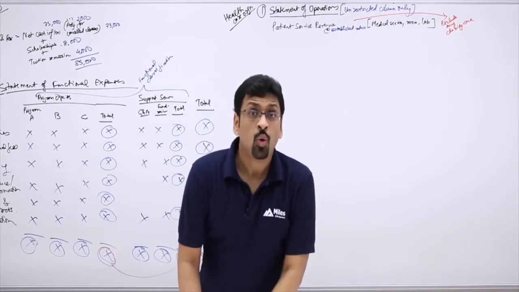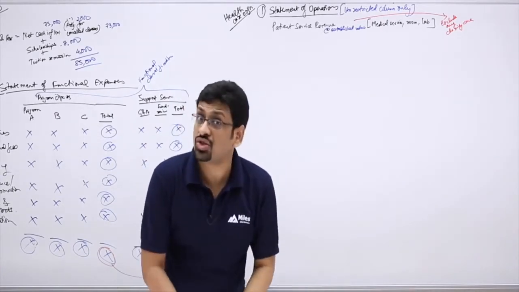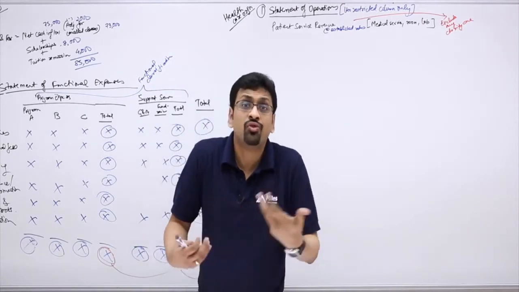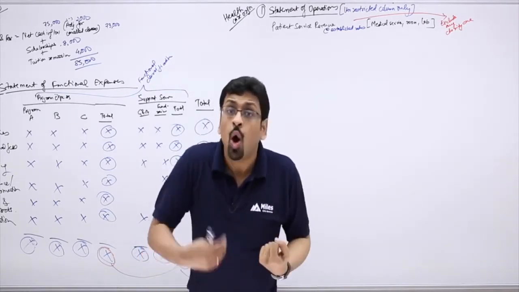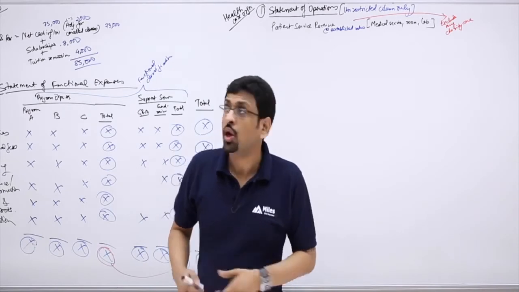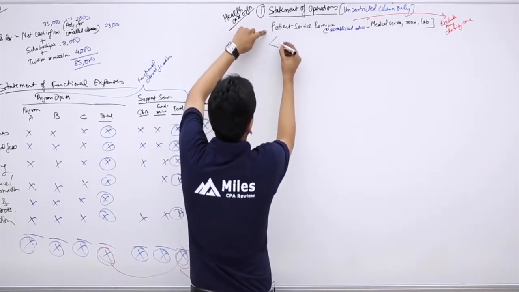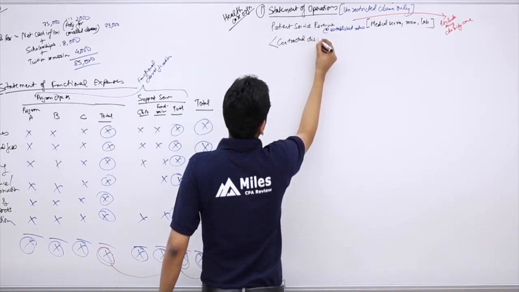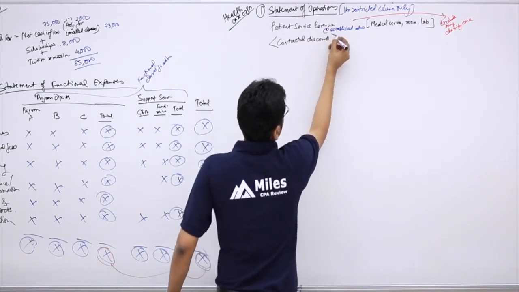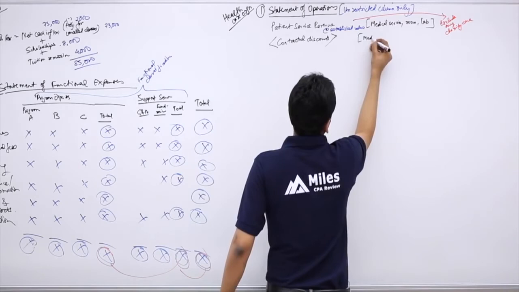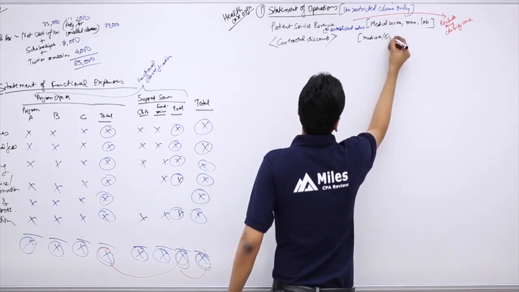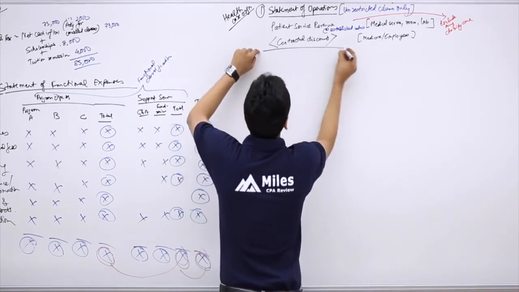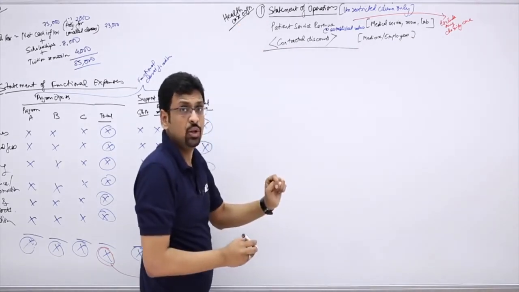Now from this, we're going to subtract certain contractual discounts. So let's say the hospital is providing some discounts to various groups, let's say insurance companies or their own employee discounts. So that is reduced from this as contractual discounts. So this could be Medicare, employees, and this gets us to net patient service revenue.